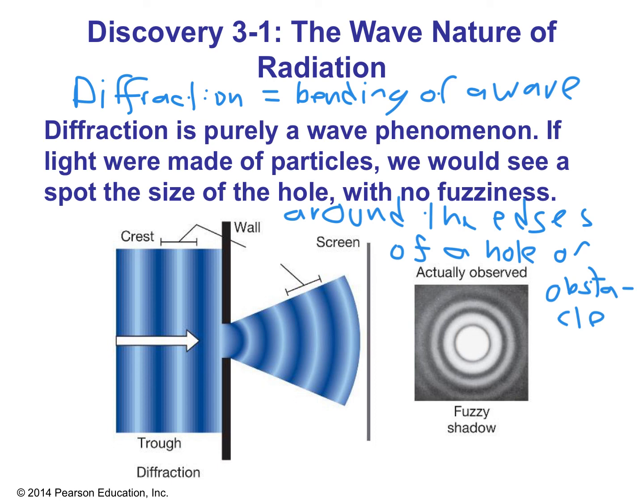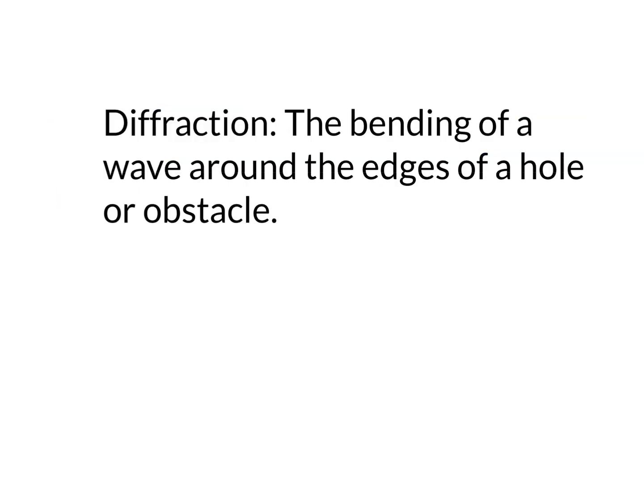And so it's important for us to understand what light is and how light behaves so that we can properly interpret those things that we see coming in from outer space. And so here in this last slide, I've added in this definition so that maybe it's easier to see and write out that diffraction is the bending of a wave around the edges of a hole or an obstacle.